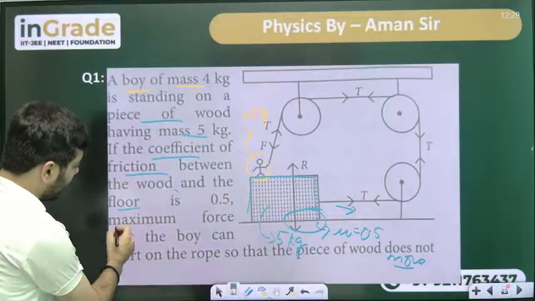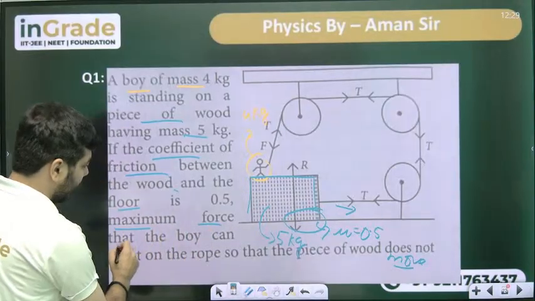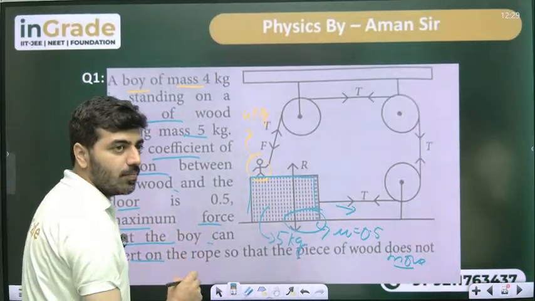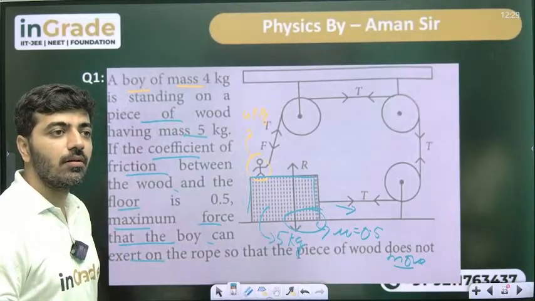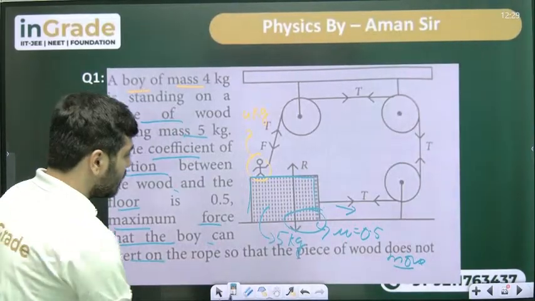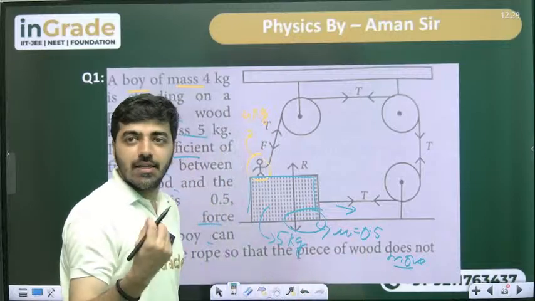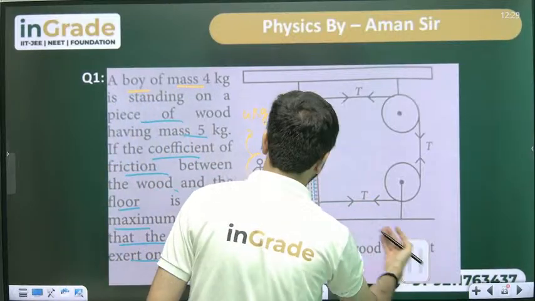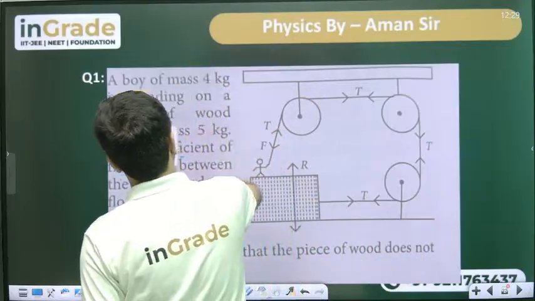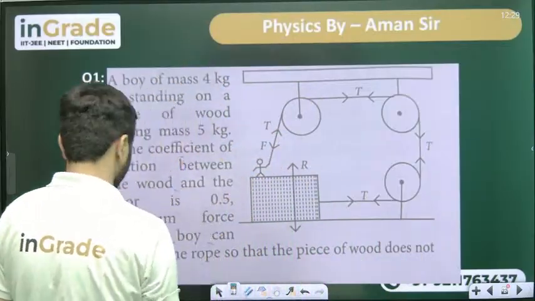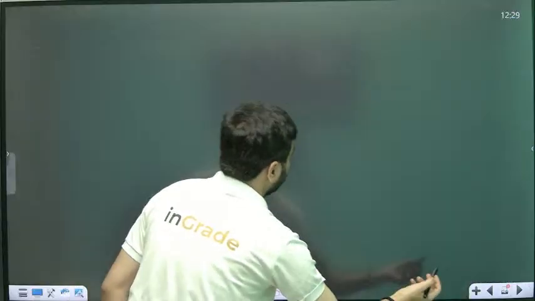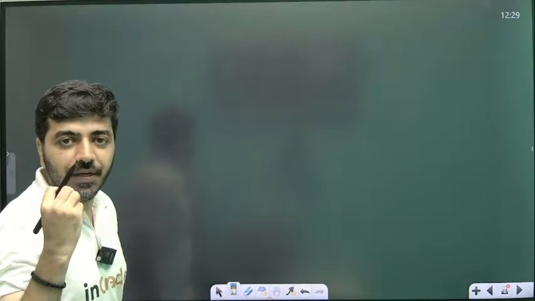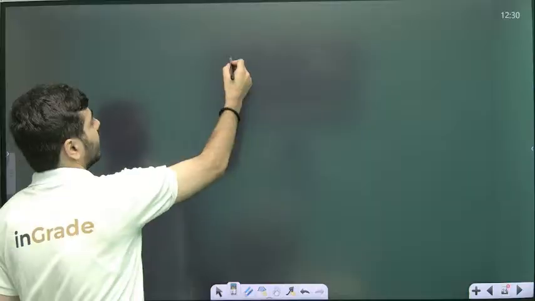Okay, the maximum force that the boy can exert on a rope so that the piece of wood does not move. Okay. Now first we have to plot the free body diagram of the boy. Let's say this is a boy.